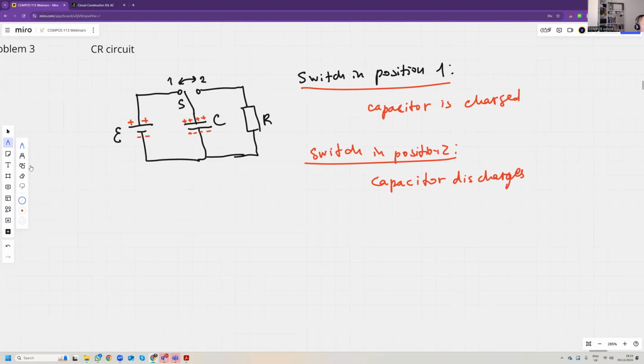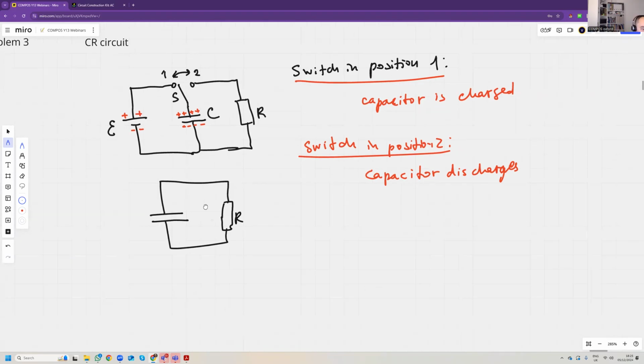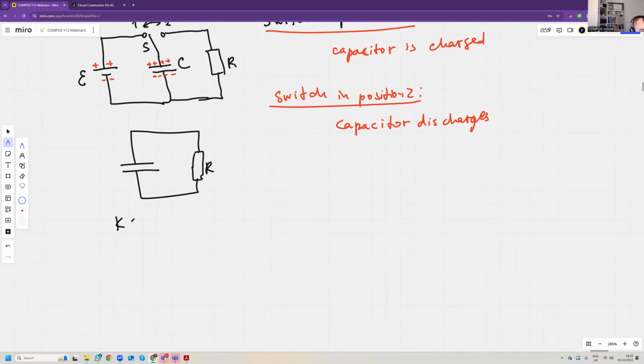And here we can write a very simple differential equation. We have a capacitor that is charged, and there is a resistor R. Using Kirchhoff's second law, the voltage on the capacitor has to equal the voltage on the resistor, because they're in parallel.